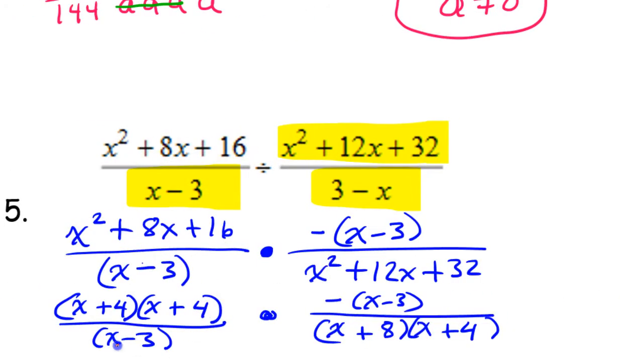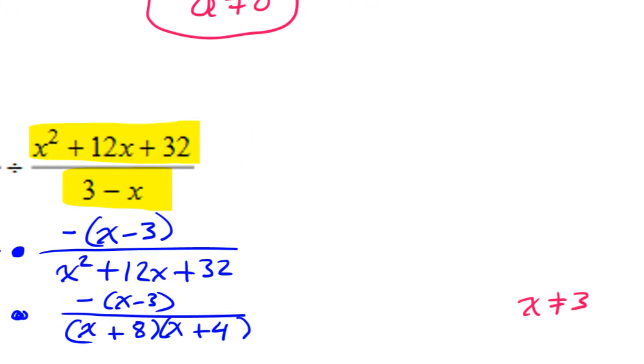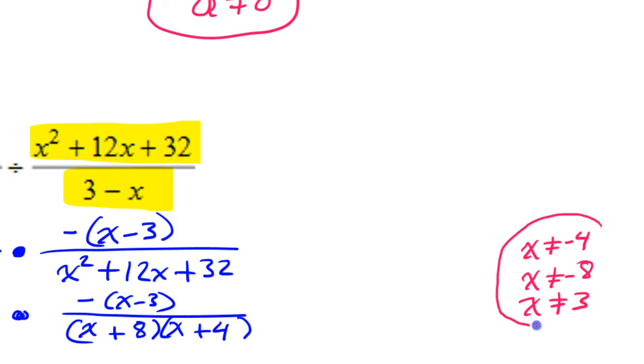If I set x minus 3 equal to 0, I get positive 3. Now I'm going to slide over and look at the denominator here. If I set x plus 8 equal to 0, that tells me that x cannot equal negative 8. If I set x plus 4 equal to 0, that tells me that x cannot equal negative 4. And if I set x minus 3 equal to 0, that tells me that x cannot equal 3, but I already have that. So these are my 3 restrictions, my excluded values.